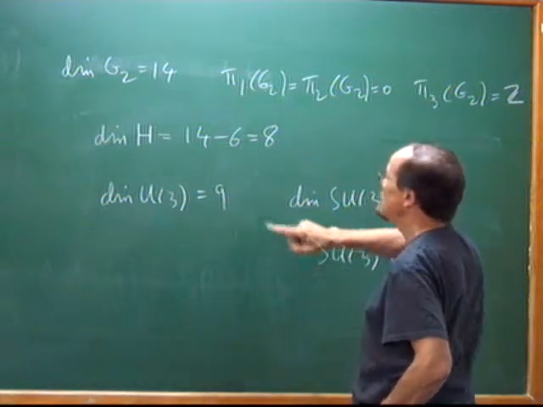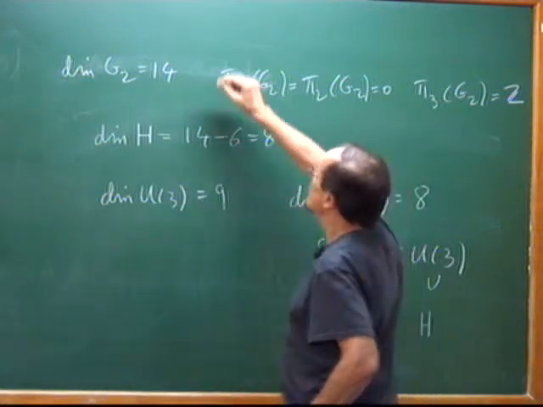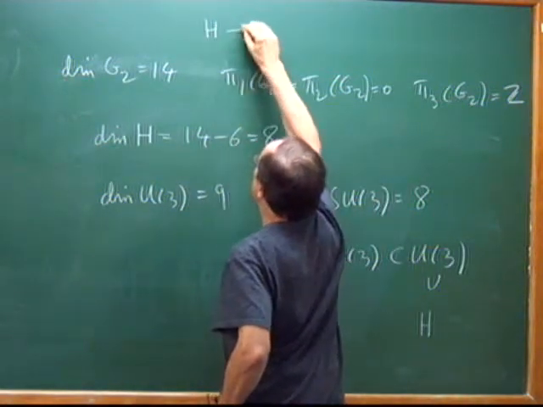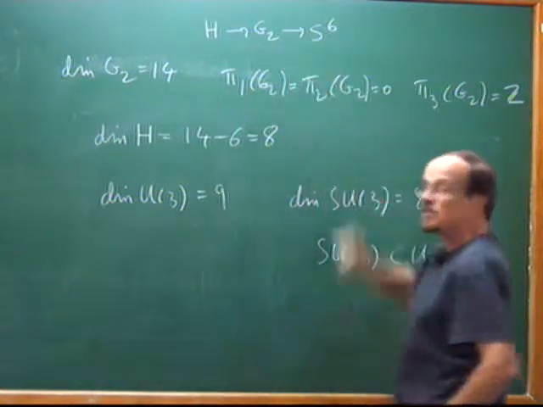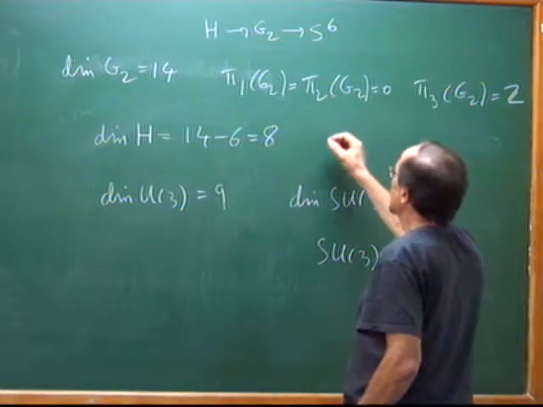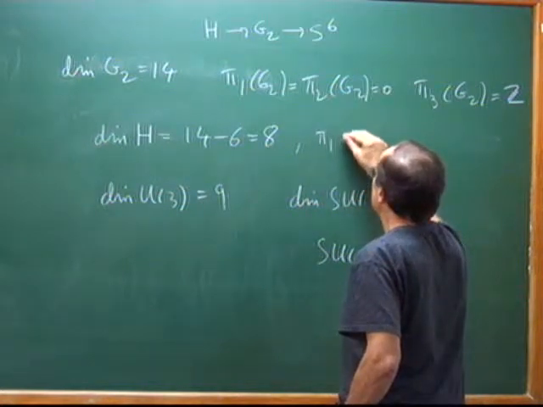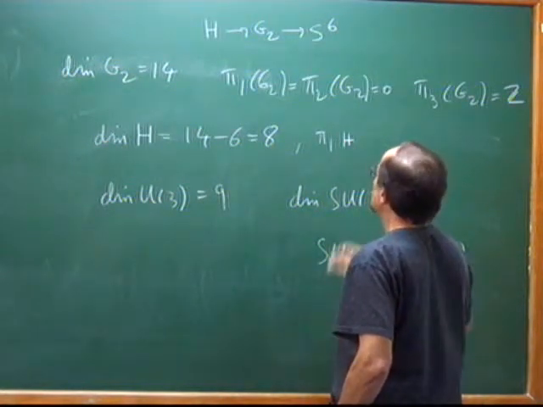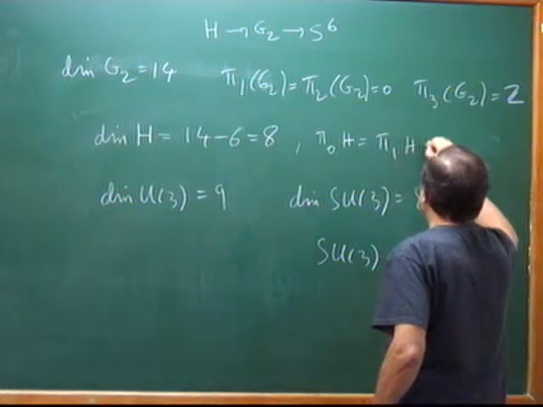In fact, what can I tell from the long homotopy sequence here? We have a fibration from H to G2 to S6, because S6 is G2 mod H. That means that I also get that pi 0 of H equals pi 1 of H equals 0.